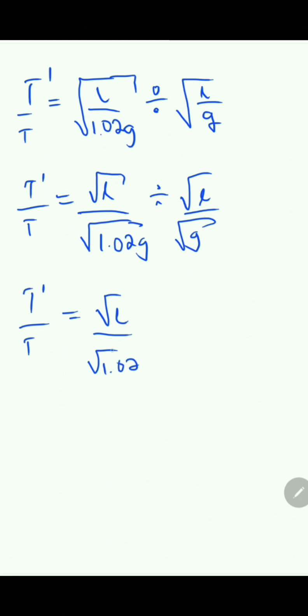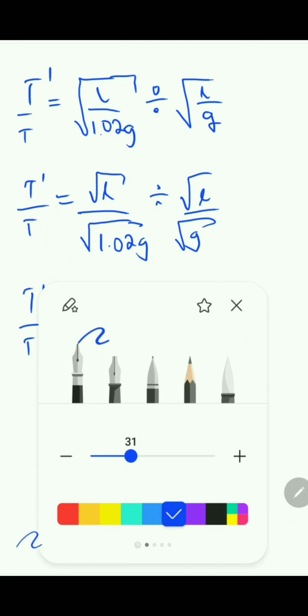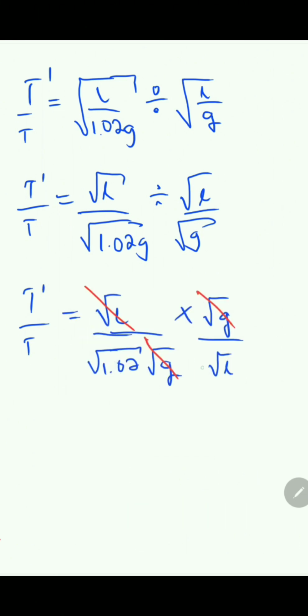Alright, so we proceed writing our ratio, which ends up being root of L. For the part we have done, according to the laws, we can split 1.02 to have its own root and also g under its own root. Then we say divided by, now we multiply, then g will go on top with its root, same as L. g will cancel, L will also cancel.